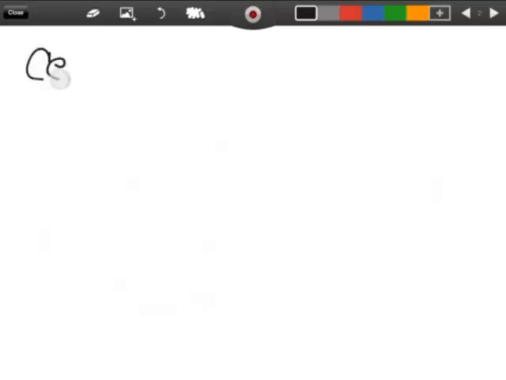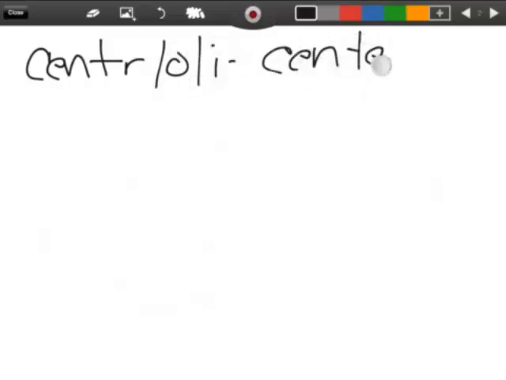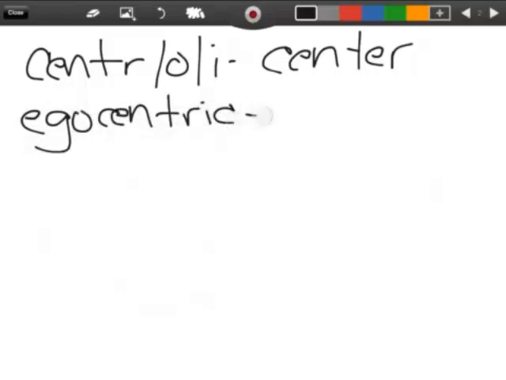Cent. Centr or centri, meaning center, as you could have guessed. And I'm going to give you an example word, egocentric. And the meaning of this is self-centered.